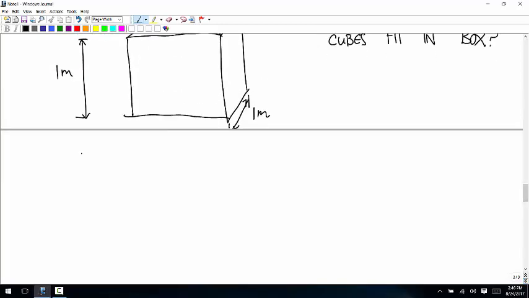Okay, so our starting quantity is 1 meter cubed. I'm going to write that as 1 meter times meter times meter.